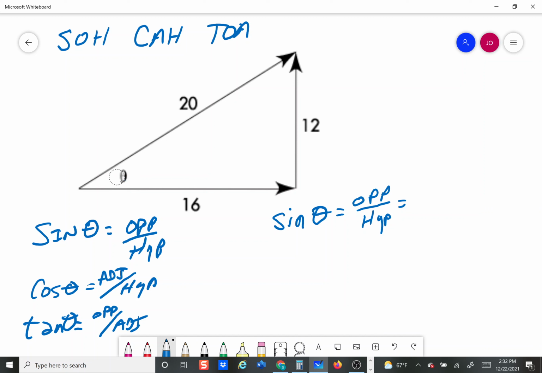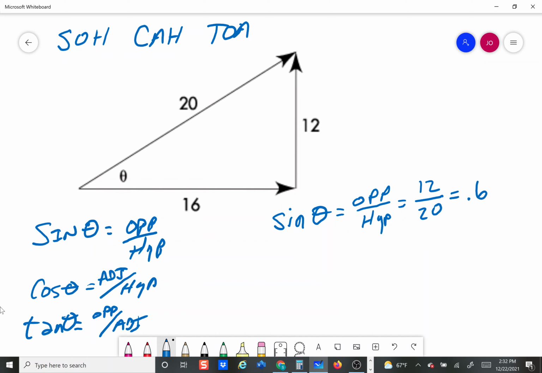The side opposite that is 12. The hypotenuse is always going to be the longest side in a right triangle. So in this case, it is 20. So 12 over 20, we can bust out our trusty calculator. It's gonna be 0.6.